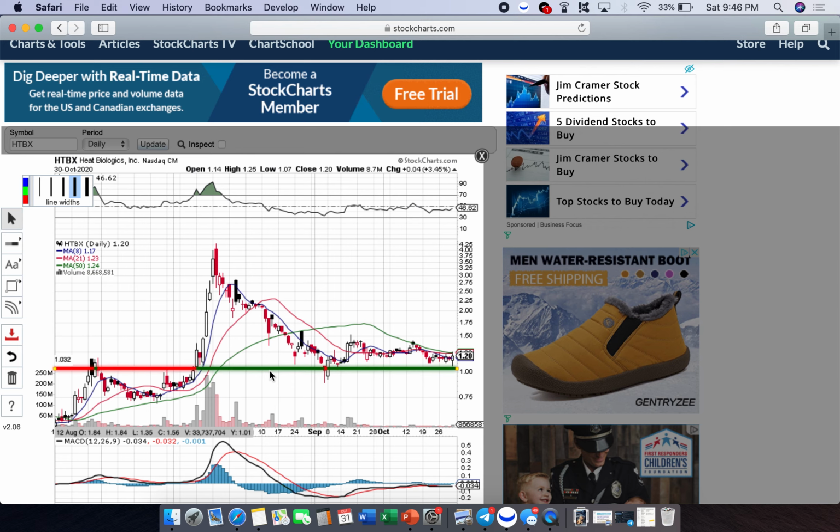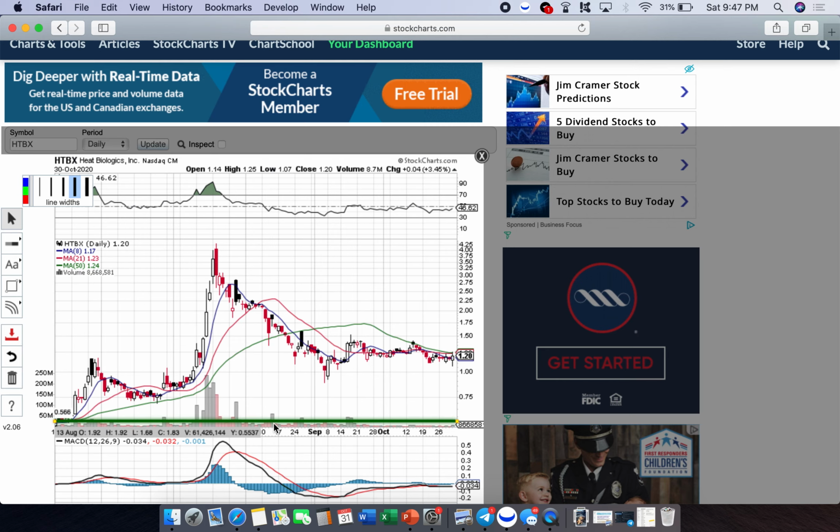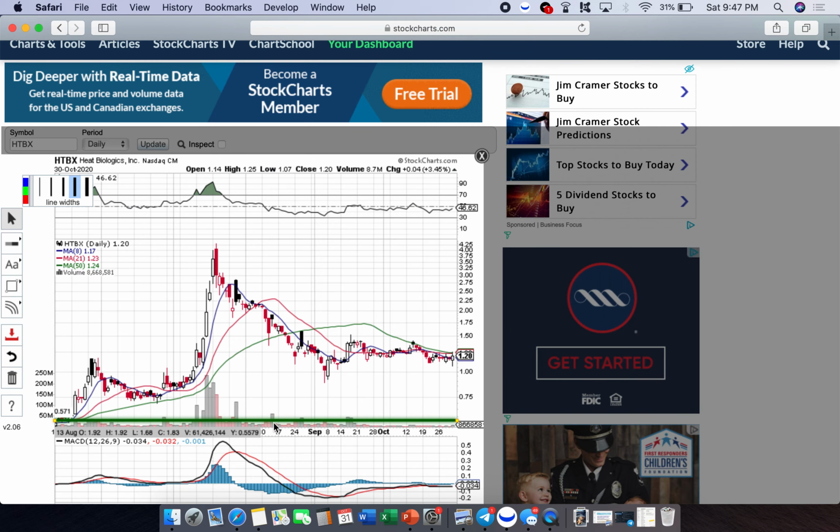You can follow this line up and down here. So below here, right there would be the master support. This is where the absolute support for the stock is, at 57 cents. Hopefully it never goes there.